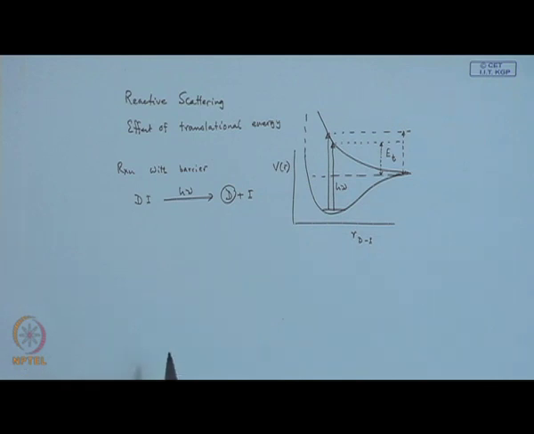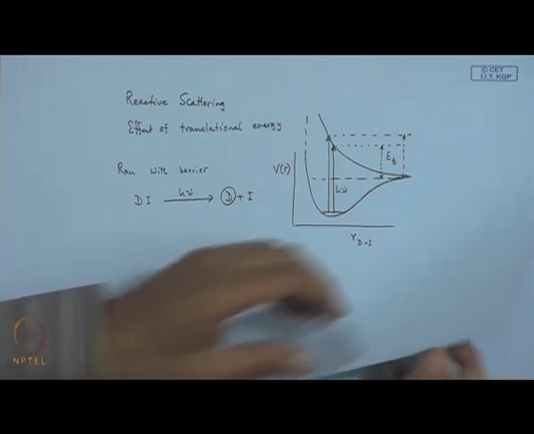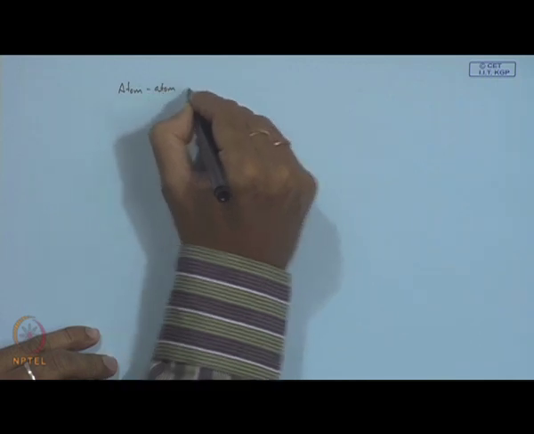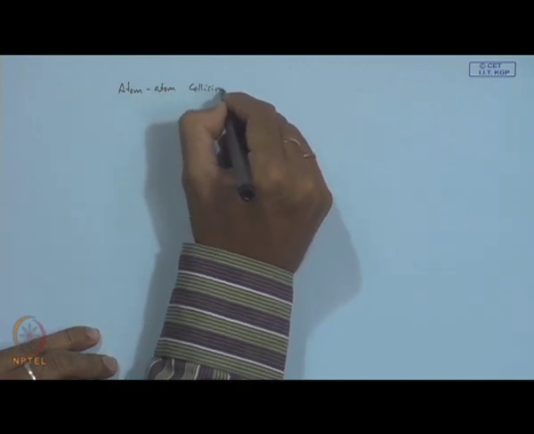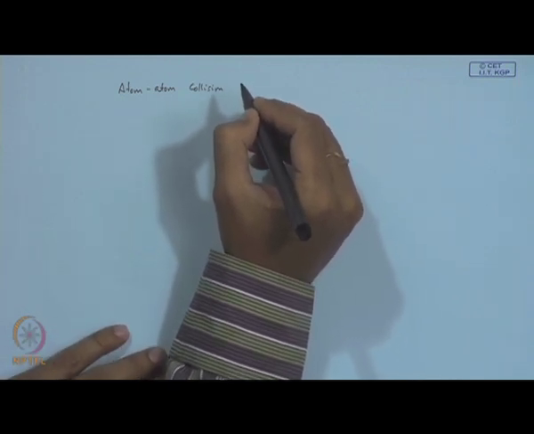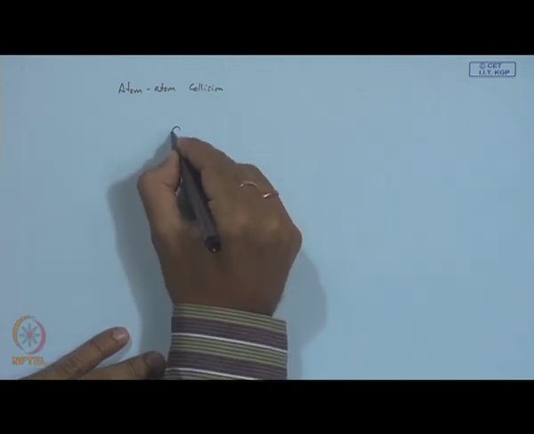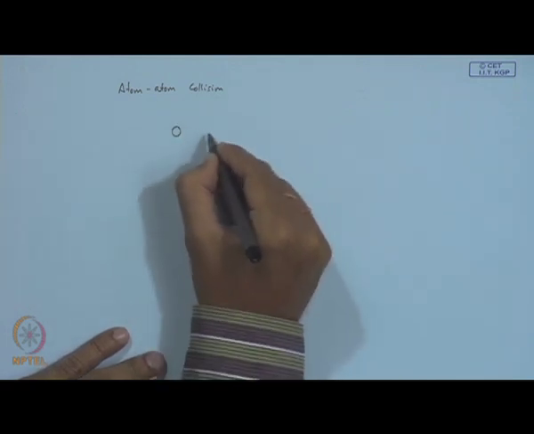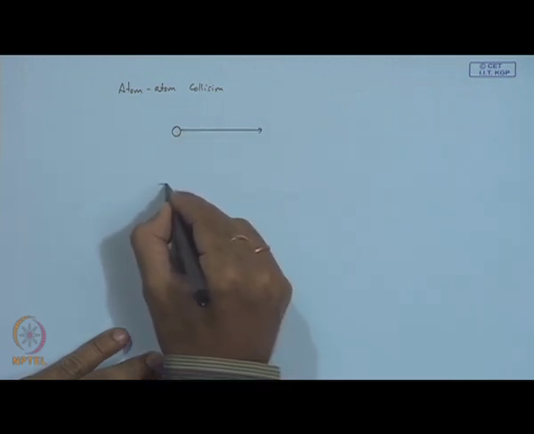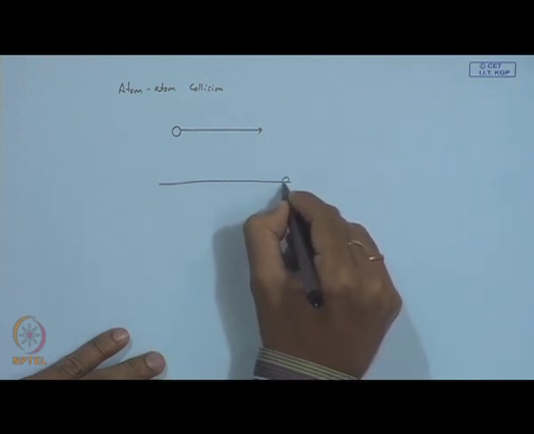Now, consider an atom-atom collision reaction. In that case, there is no structure, basically the hard sphere model. So, you have your atom 1 here, and you have your B over here.